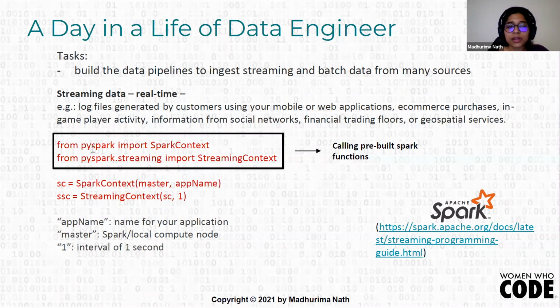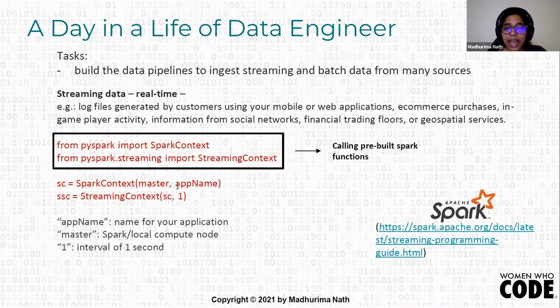So I would just start a Spark environment, let's call it, and I'll start a Spark session. The Spark session will have this kind of syntax where master would be my compute node, like where I want to do this process. It could be a Spark cluster, which is the distributed environment, or it could be my local machine.